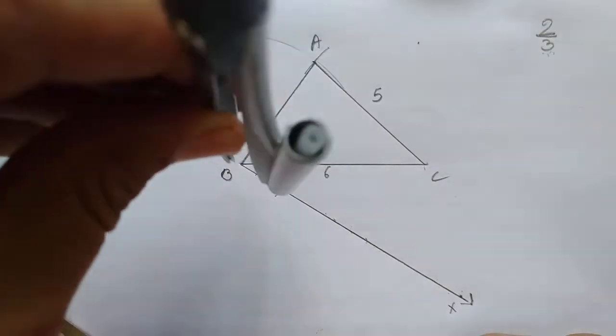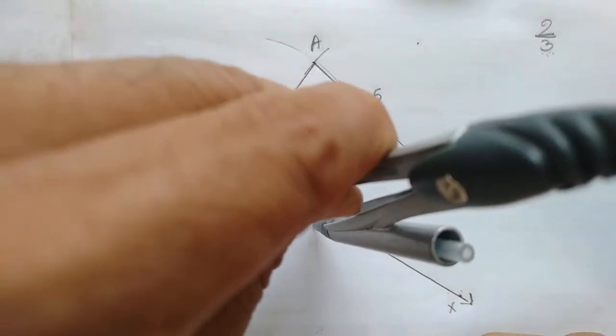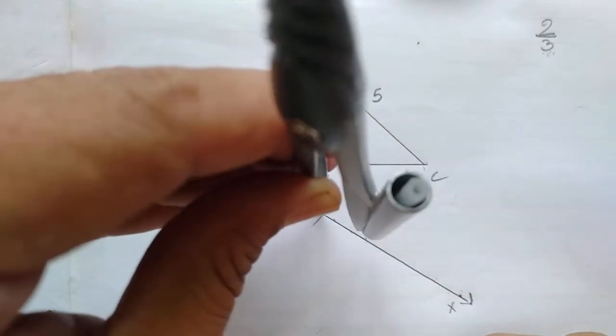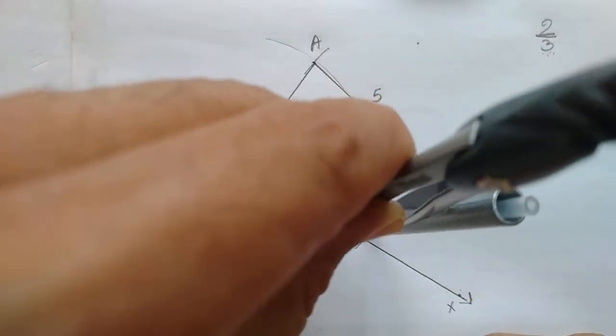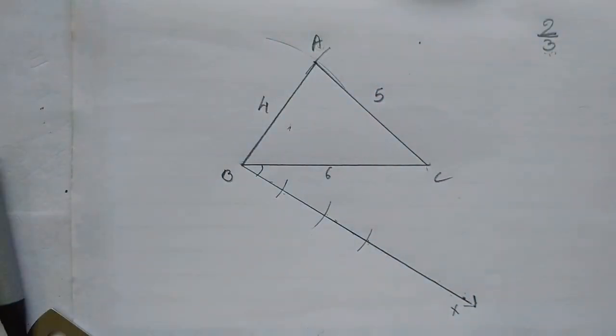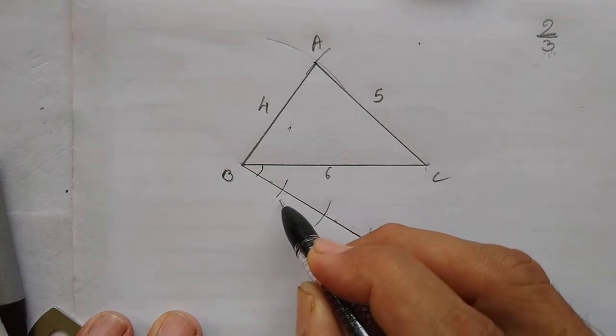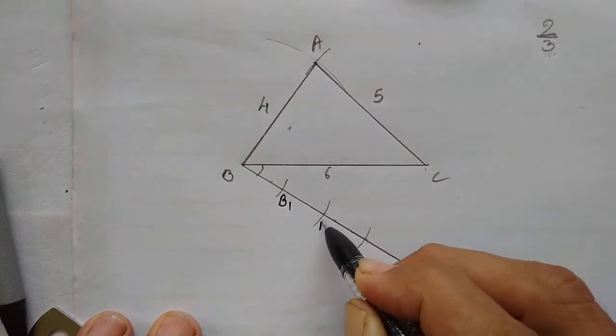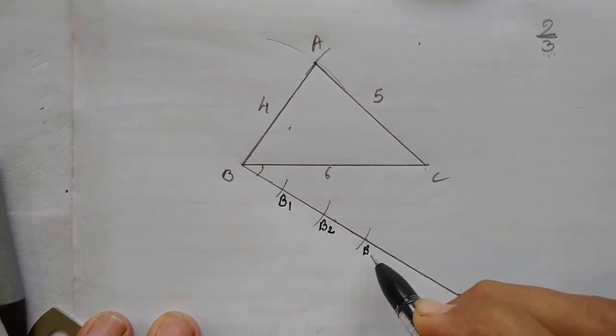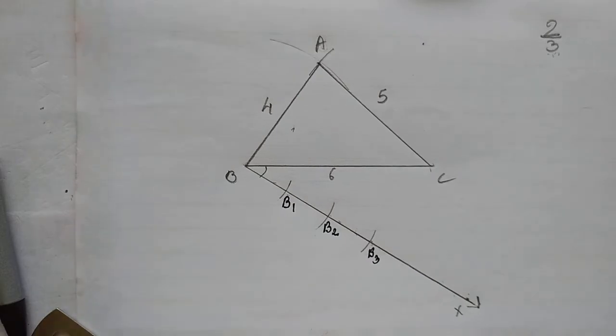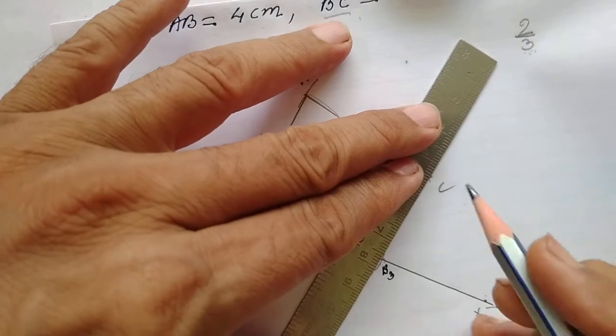Take first arc, from this point take second arc, from this point take third arc. Now we found 3 points, B1, B2, B3. Now join point B3 with C.